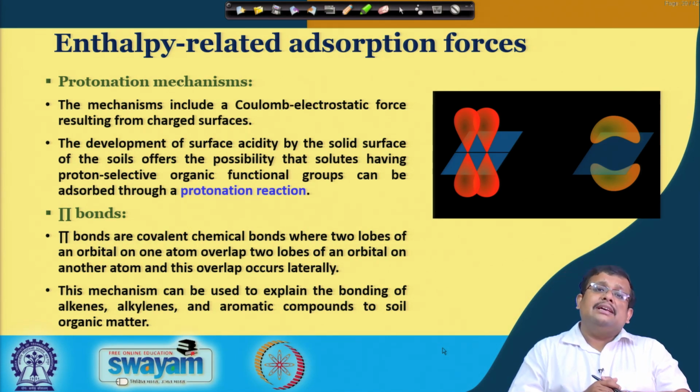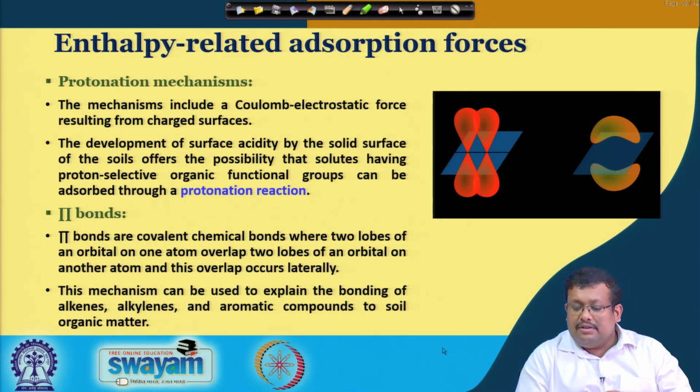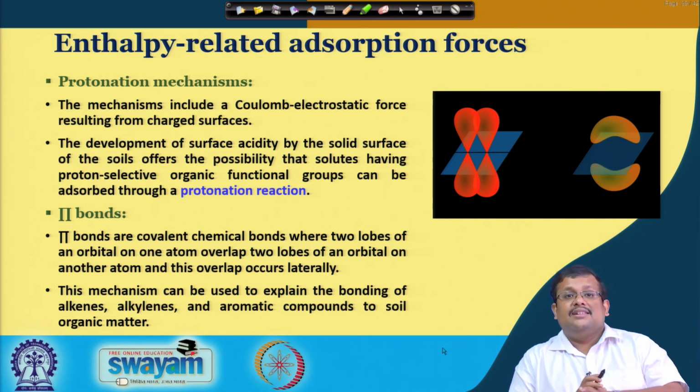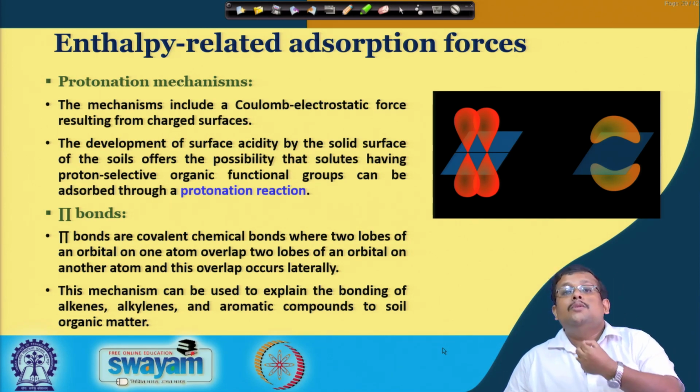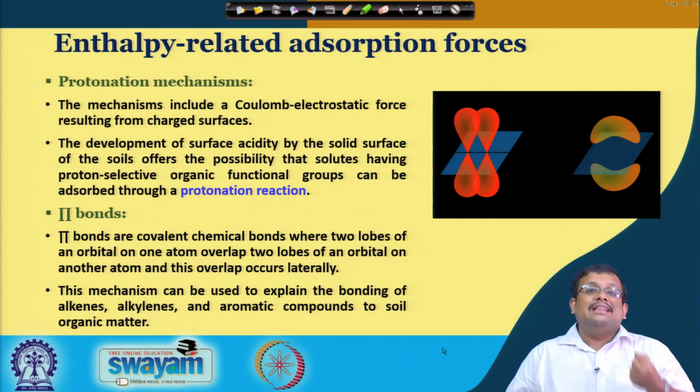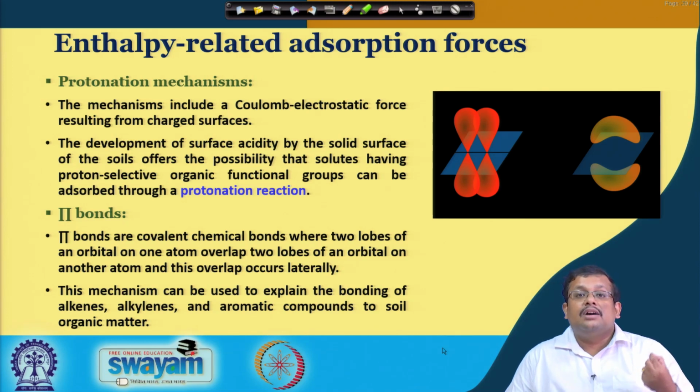Another bonding is known as the pi bond, and you can see the figure of a pi bond here. Pi bonds are covalent chemical bonds where two lobes of an orbital on one atom overlap with the two lobes of an orbital on another atom, and this overlap occurs laterally.